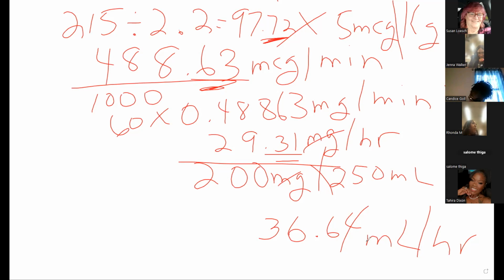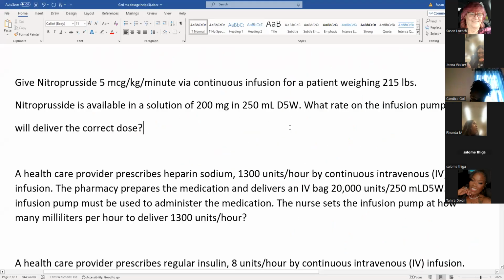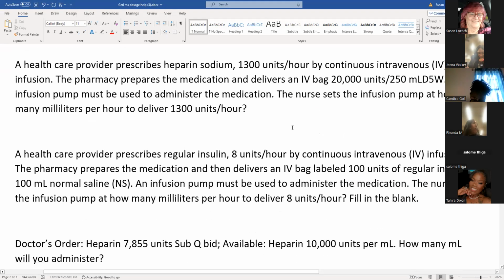All right. Let's look at the next one. Now, this one says the nurse sets the infusion pump at how many mLs per hour to deliver 1,300 units. So your 1,300 units is your what? Your desired dose, right?